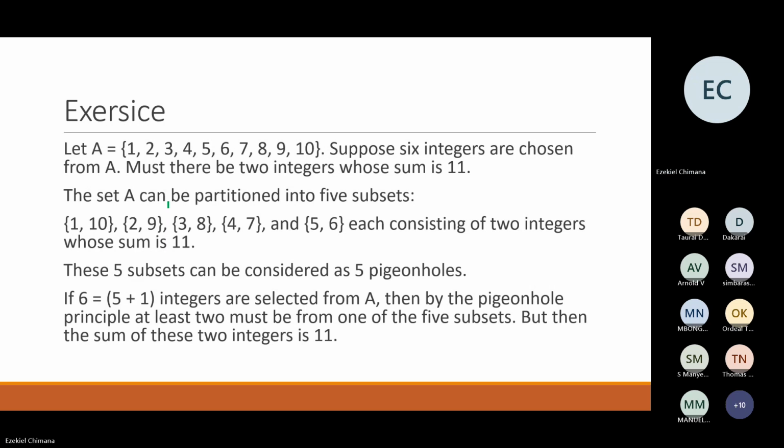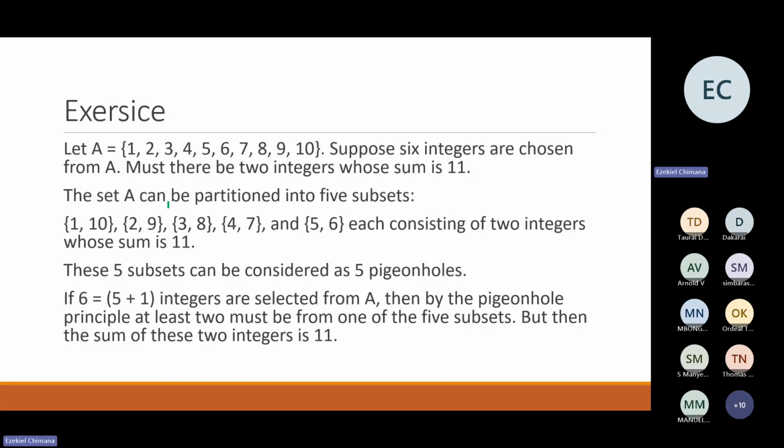How can you prove that? We are saying suppose 6 integers are chosen from A. So from every 6 integers that you choose from A, there must be 2 integers whose sum is 11.